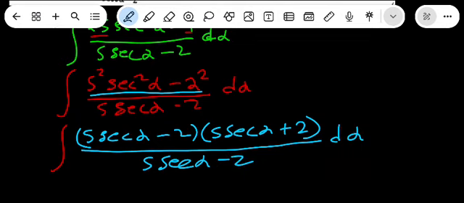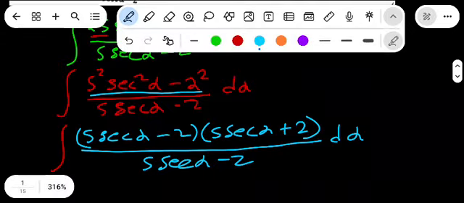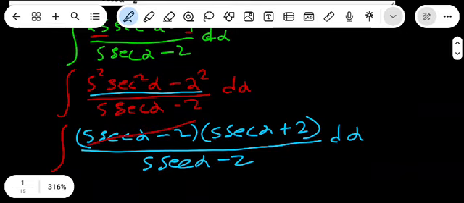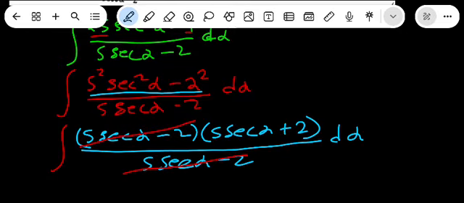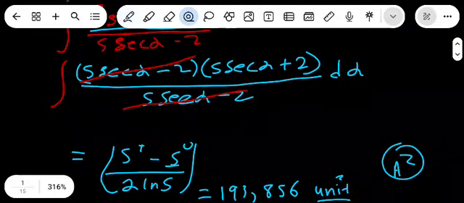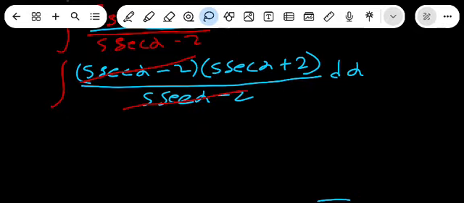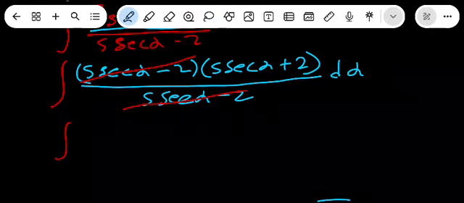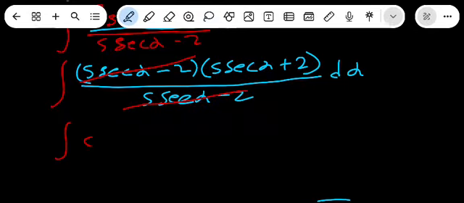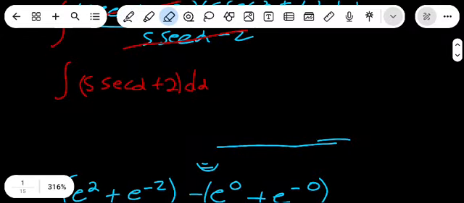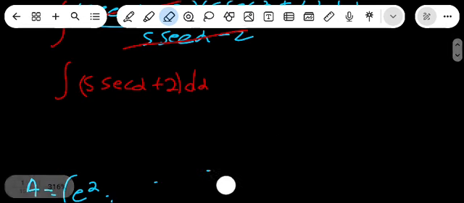So these two will cancel nicely, right? At the end you'll be left with the integral of 5 secant alpha plus 2 d alpha. This is the integral you'll be left with.